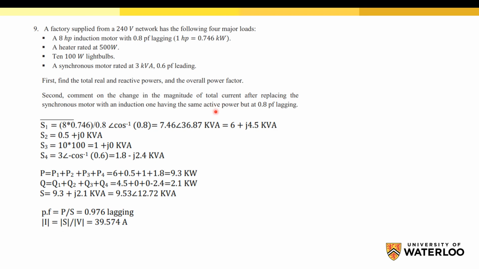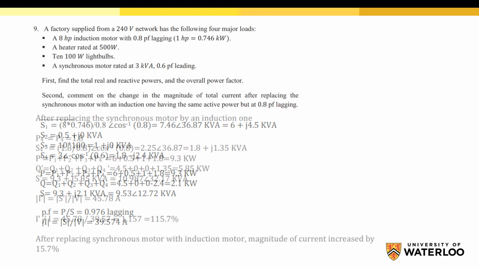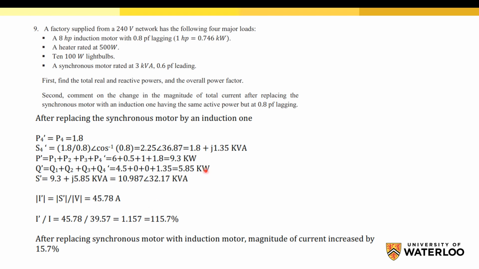Now we will replace the load with the same active power, 1.8 here, with 0.8 power factor lagging. So we can change the load now to a new one by calculating a new complex power for the fourth load.